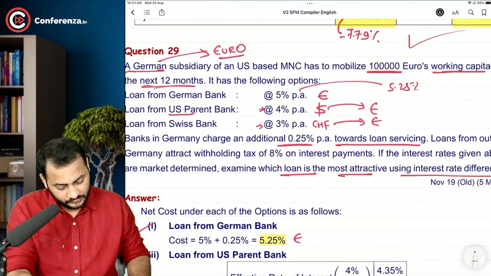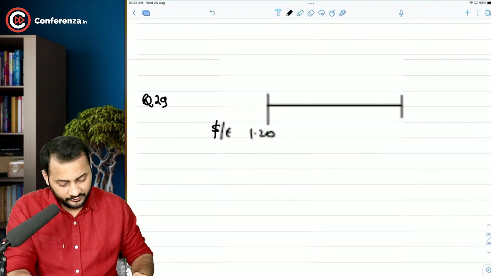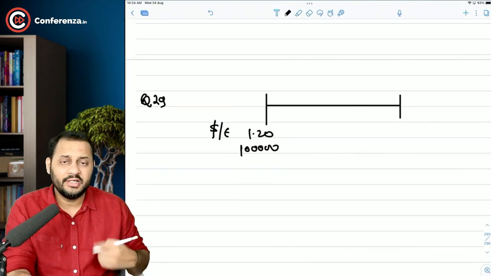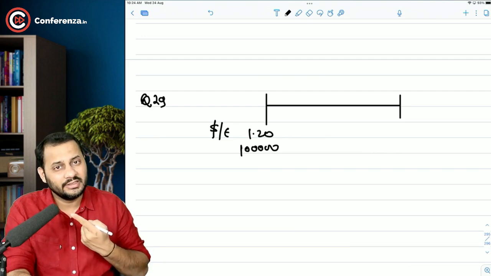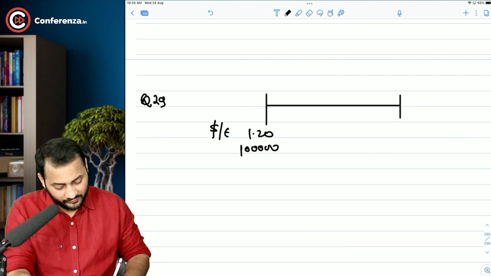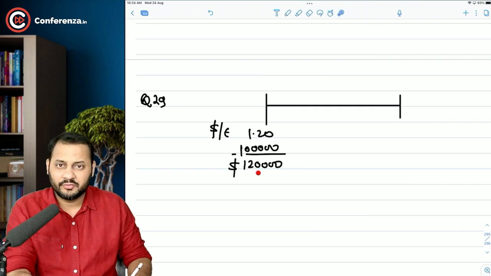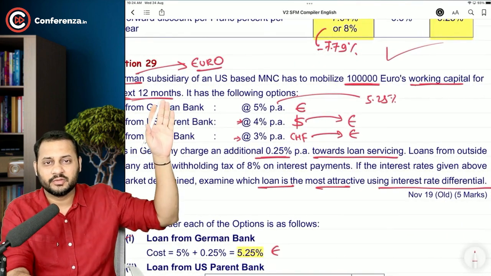And we need 1 lakh euros, right? If we need 1 lakh euros, how many dollars do we have to borrow from the US bank? We will have to borrow around $1,20,000. The moment we borrow $1,20,000 from the US bank, we will convert that at this rate of 1.20 and we will get euros of 1 lakh, which we can use for whatever purpose we want.